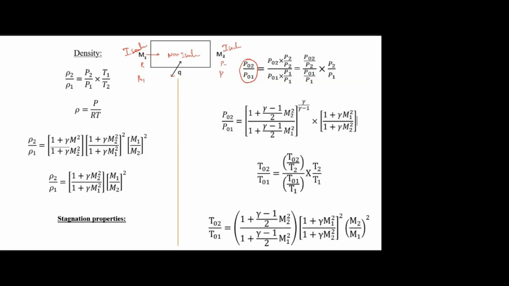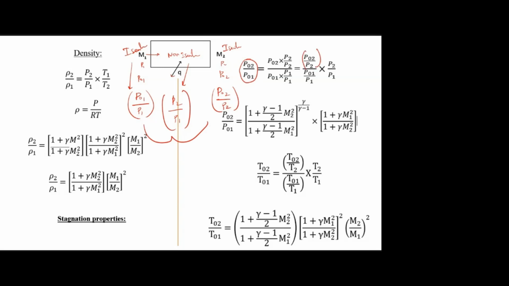Okay, M2, P2, P02. So in this isentropic station, using the isentropic relation, I can find P01 by P1. Similarly, in station 2, I can find P02 by P2. And across the duct, just now I found P2 by P1.